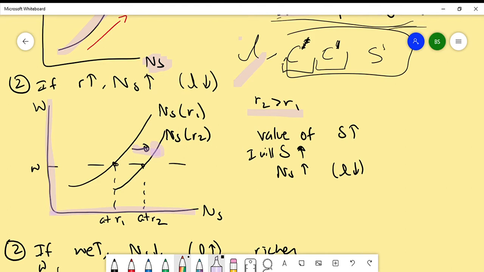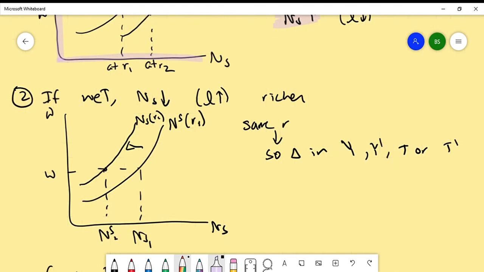Because if the interest rate is bigger, the value of my savings will be bigger, because in the future I'll have more money. Savings times 1 plus R is how much consumption I have in the future. So if I have a bigger R, my entire savings amount will be bigger. Since the value of my savings will increase, I will want to save more, and as a result I'm going to want to work more so that I can save up more money. So yeah, that's that.